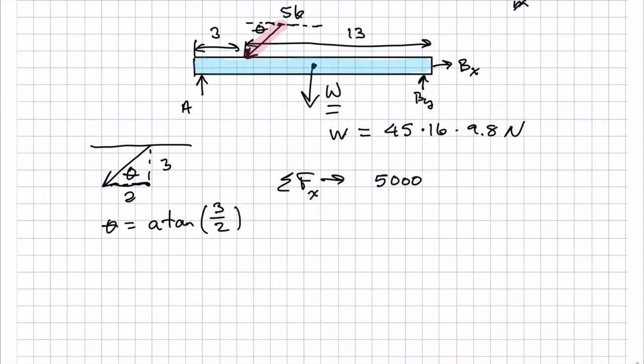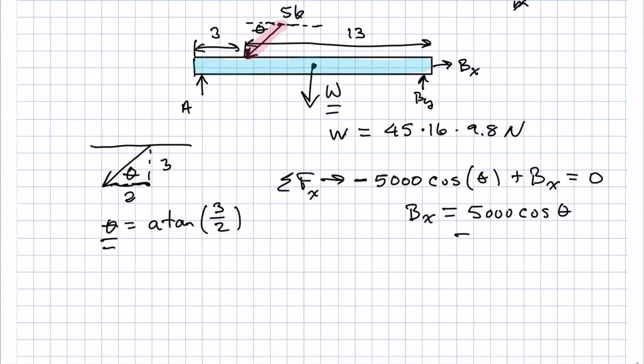If I want the horizontal component of that, that would be 5,000 cosine of theta, where I've already calculated theta. That's working back to the left, so I need a minus sign. Then plus Bx, and those are the only x component forces, so that equals 0. So I can solve for Bx, 5,000 cosine theta.